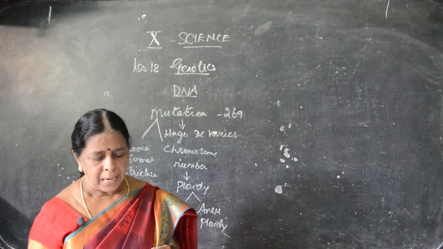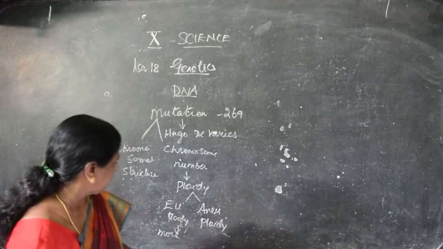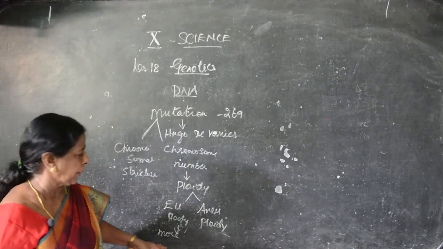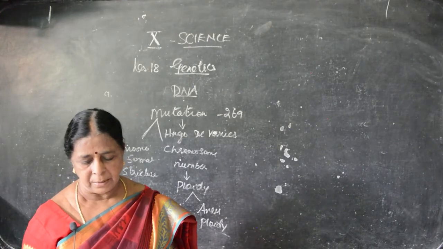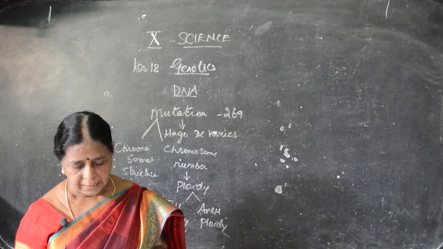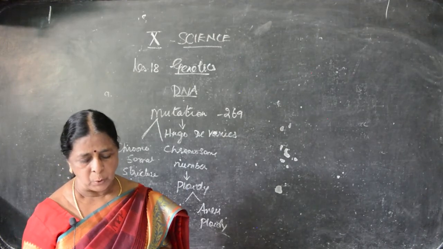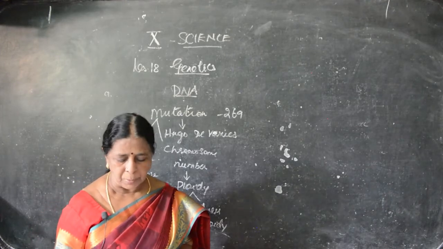Clear? Aneuploidy is the loss or gain of one or more chromosomes. In euploidy the number of chromosomes is increased. Then in aneuploidy, there may be loss or gain. So this may be monosomy, trisomy, nullisomy. Monosomy: only 1 is minus. Trisomy: plus 1. Nullisomy: minus 2.